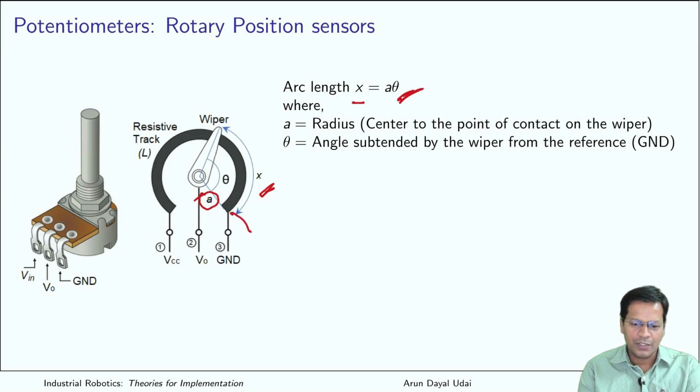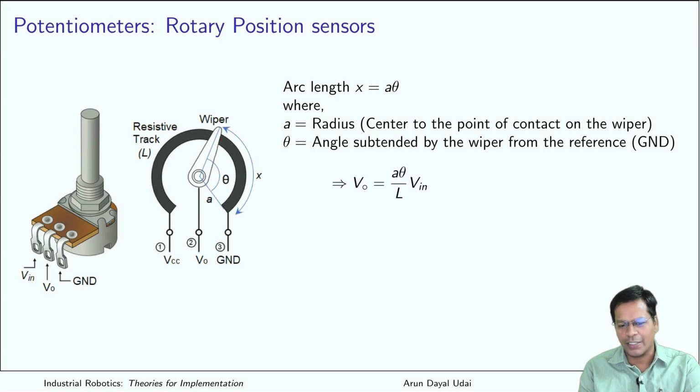So from here to here, that is the contact point, that is the angle which is subtended. So displacement x now is proportional to theta. The same equation now can be written as output voltage is equal to, instead of x by L, I can write a theta, times V input.